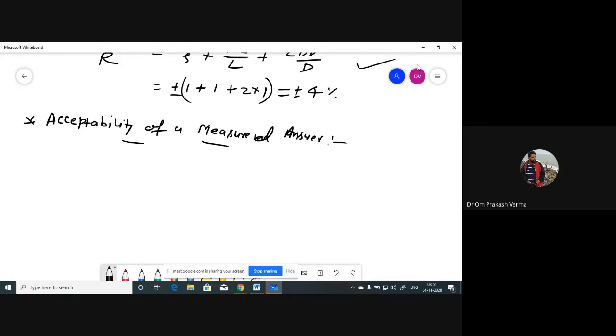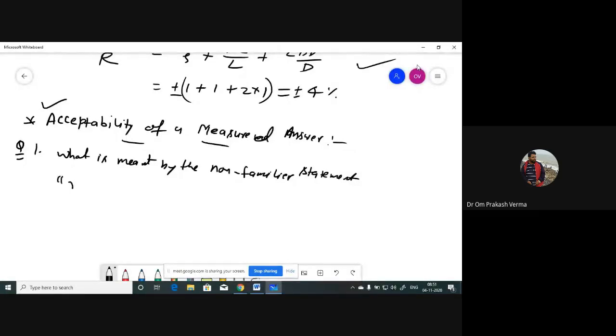So before going to the details of the acceptability of the measured answer, I want to ask 2 questions. First question is, what is meant by a non-familiar statement, let's say a reasonable confident? What is the meaning of reasonable confident?